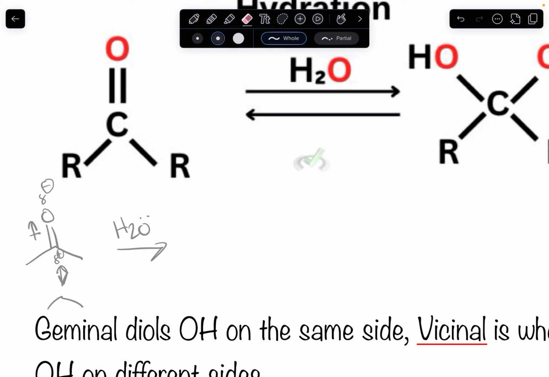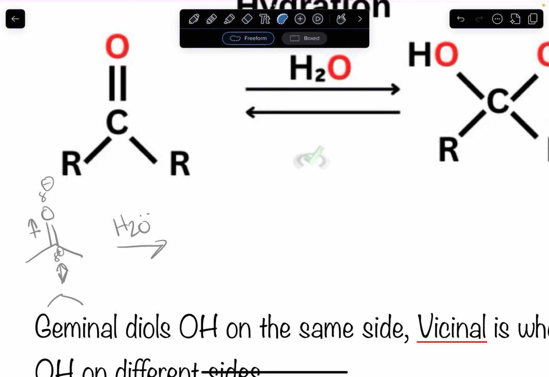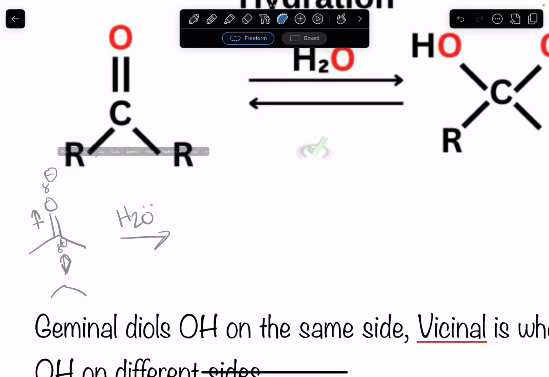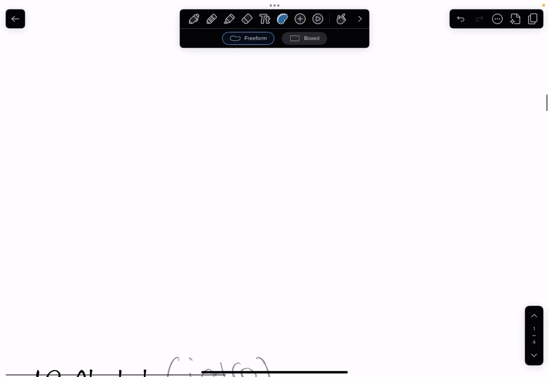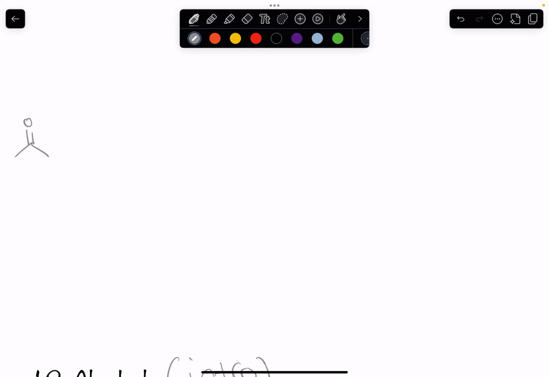Hold on, I need to give myself more space. Okay, let's just do this up here. Again, this reaction is reversible, and we went over what that meant in the first video. So if you have H2O, this is slightly negative, making this carbon slightly positive.